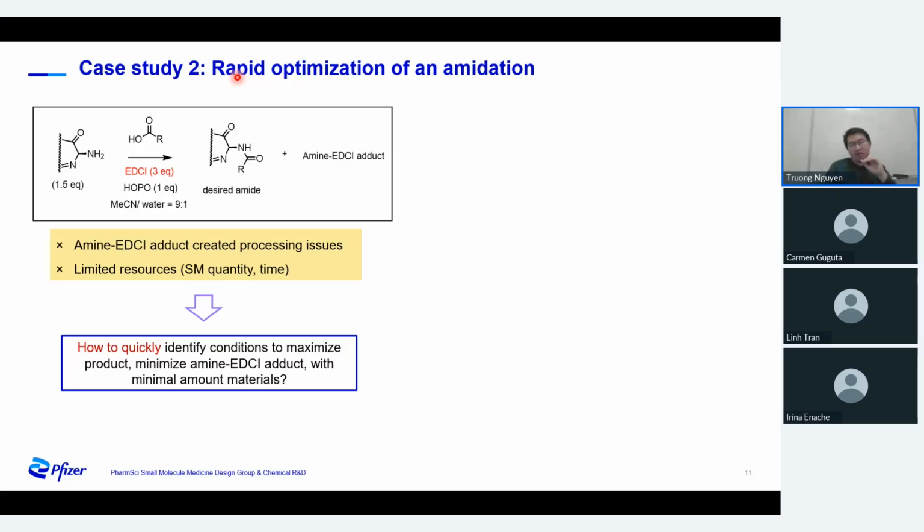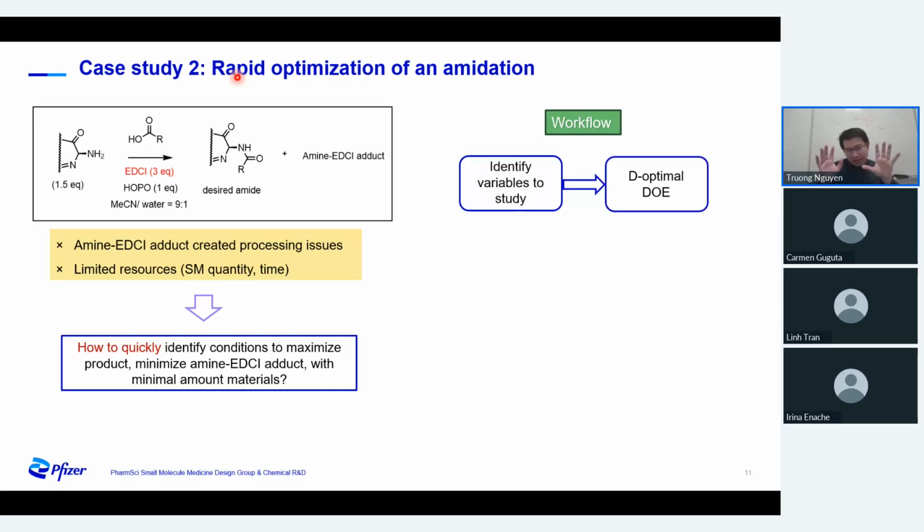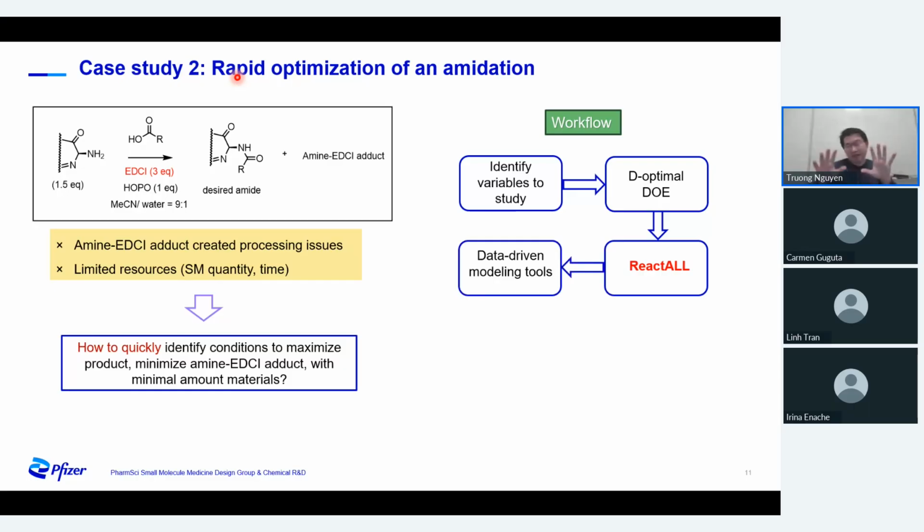So, we can approach this in many ways, but what we did, the typical workflow, is this. We leverage the kinetic data from ReactALL to quickly solve a challenge like this. So first, we identify the impactful variables to study, and then we decide the optimal conditions, and then we run these conditions in the ReactALL, and then we can use a certain available data-driven model to fit the data.